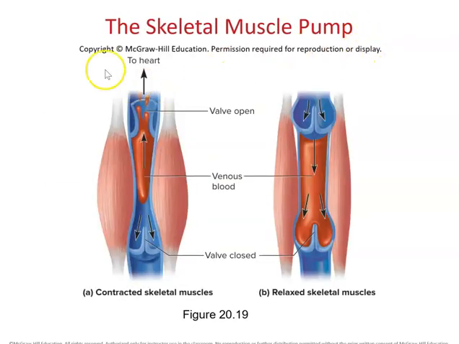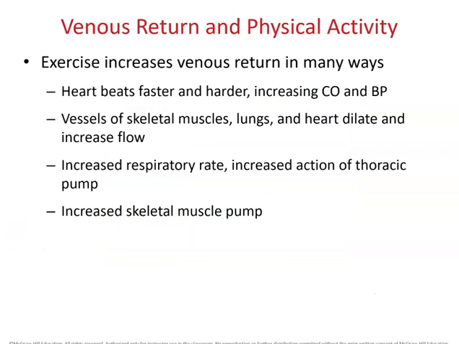This figure shows how the skeletal muscle pump works. During muscle contraction, the blood will be squeezed into the veins and go back to the heart. During relaxation, the valves close, so the blood cannot flow back to the muscle. Exercise can increase venous return in many ways.